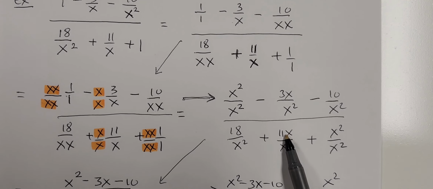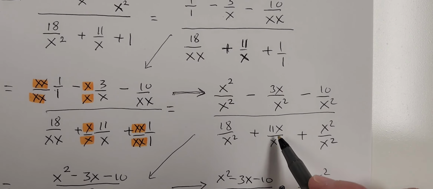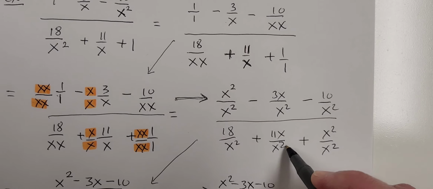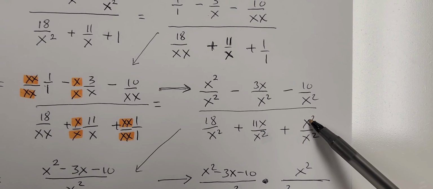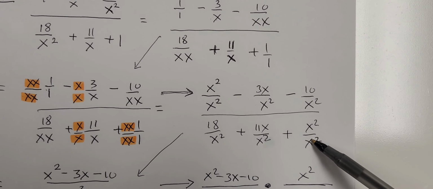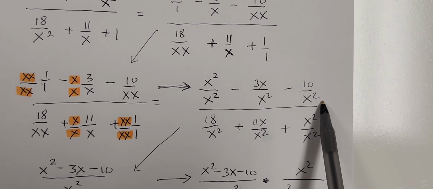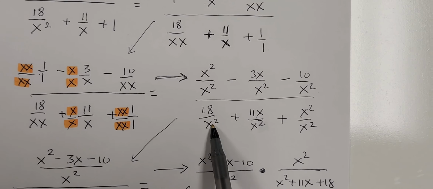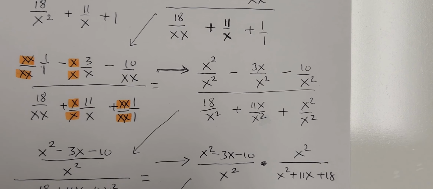X times 11, 11x, and these 2 x's, they go right here. Okay, so I forgot to put the 2 here. And then these 2 x's are here, these 2 x's are here. And as you can see, now the denominators are the same, so it makes it easier when you add and subtract fractions. Same thing here, all of the denominators are the same, so we can add and subtract fractions.